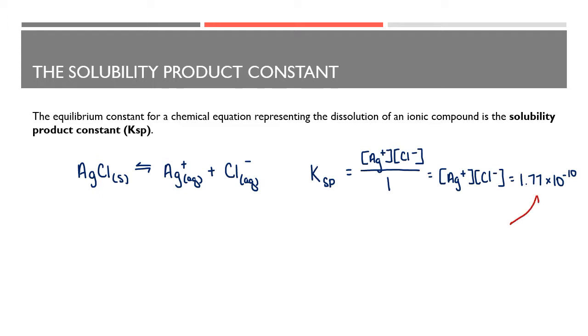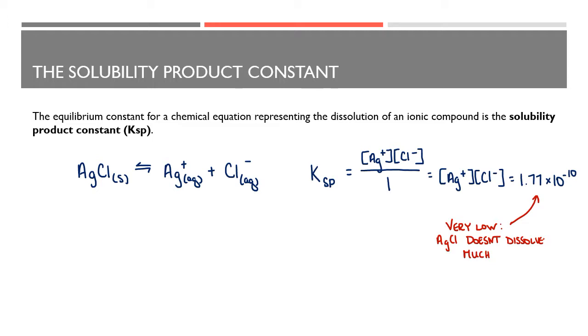So for the silver chloride, the Ksp, or the equilibrium constant for the solubility of this, is very, very low, 1.77 times 10 to the negative 10th. What this tells me is that AgCl does not dissolve very much. It will dissolve somewhat, to some extent, but not very much.